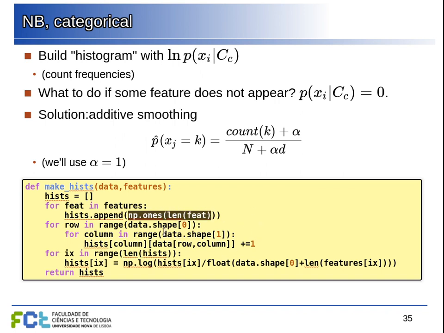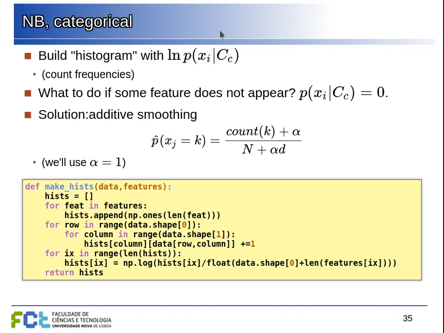And then we increase for each position in the matrix as we find a particular value for each feature on that class. And then we just normalize by dividing by the number of examples plus this alpha multiplied by the number of features. So since alpha is 1, this is just the number of different feature values we have in that feature.